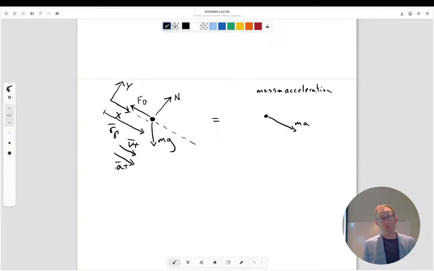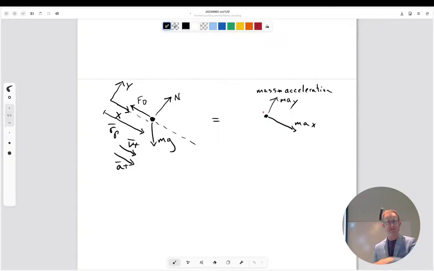Again, there's more than one way to do it, but this is a nice, consistent way where every time you don't have to think about where these forces are pointing or where they add up to. Even if there was a jump, now I could say there's an MAY and an MAX.